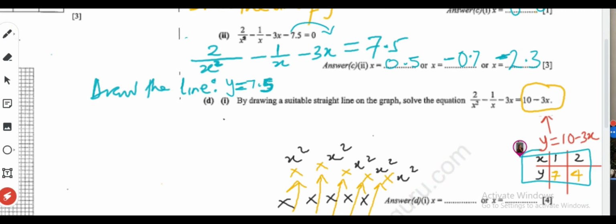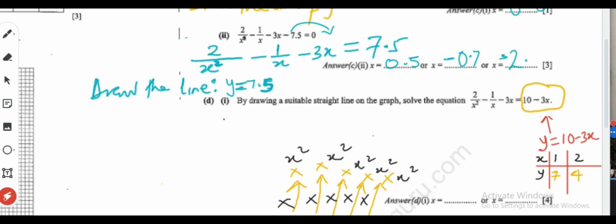Y equal to 10 minus 3x. We found the table of values. When x is 1, y is 7, because 10 minus 3 will be 7. When x is 2, y will be 4, because 10 minus 6 will be 4. So we plot 1 against 7, 2 against 4.